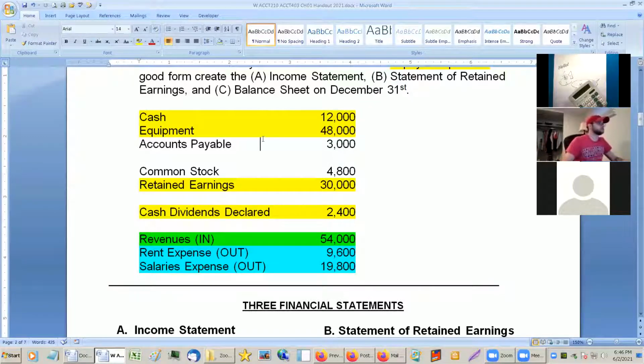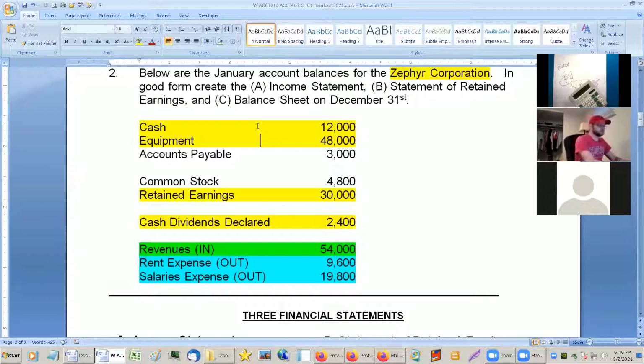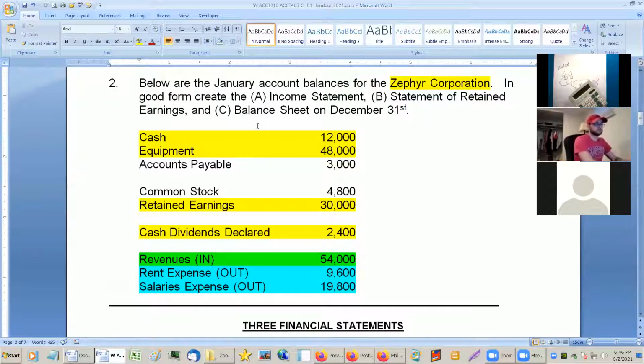Which of these two accounts? It probably looks like something you have to pay somebody. Accounts payable. Yep.